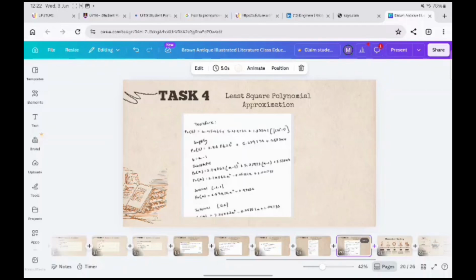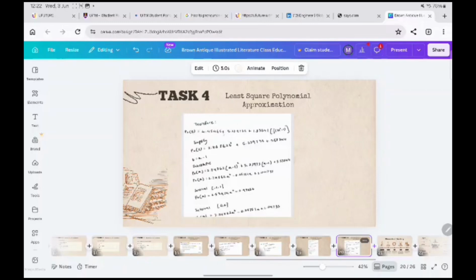Therefore, P2(t) we got 4.45465 plus 5.23973t plus 1.83241 times 1 over 2 times (3t squared minus 1).